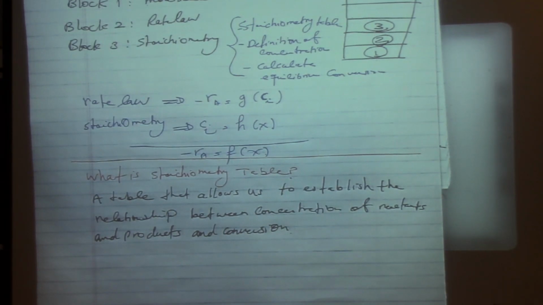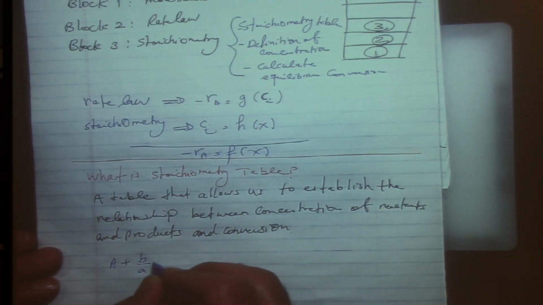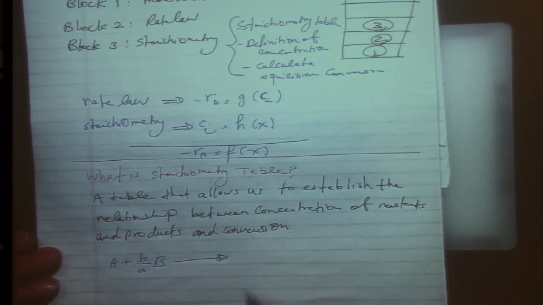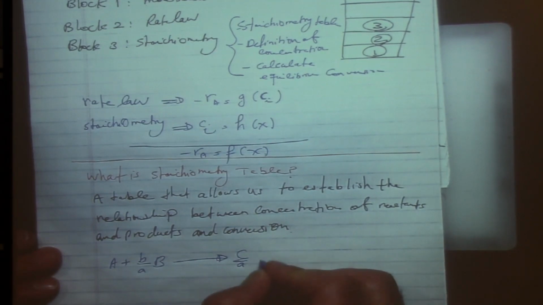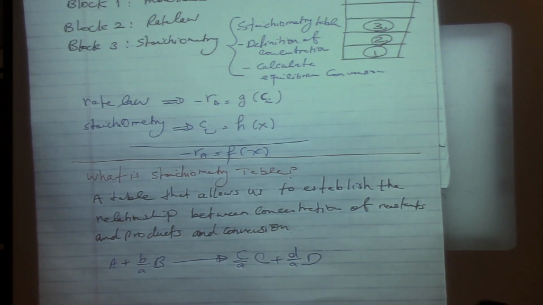So if you remember, let's consider a simple reaction. Again, we say A plus bB gives cC plus dD. Let's have a typical reaction that we considered in the rate law chapters 2 and 3.